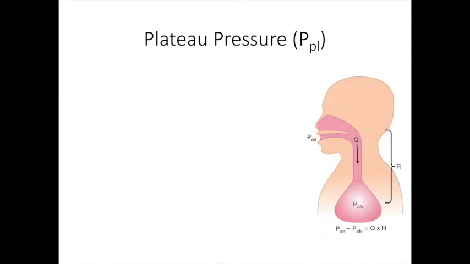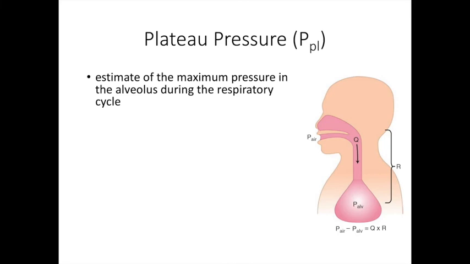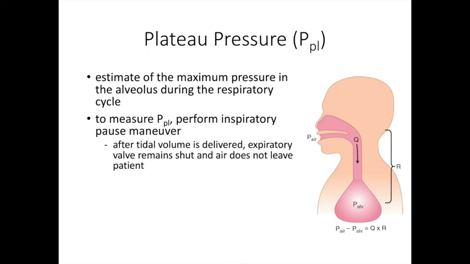Next is the plateau pressure. The plateau pressure is an estimate of the maximum pressure in the alveolus during the respiratory cycle. To measure the plateau pressure, you must perform an inspiratory pause maneuver. With this maneuver, after a tidal volume is delivered, the expiratory valve remains shut and air does not leave the patient. Pressure measured at the end of the maneuver is called the plateau pressure.